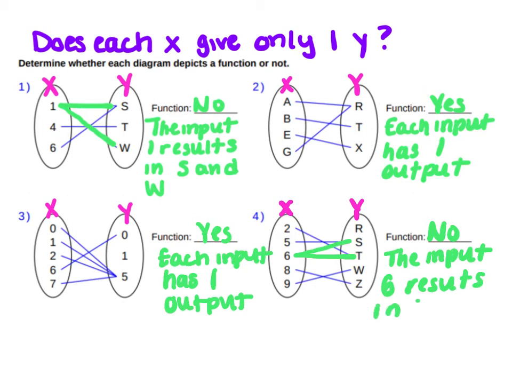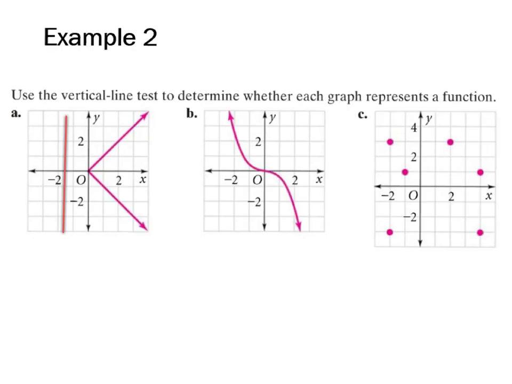In the next example, it says to use the vertical line test to determine whether each graph represents a function. As I pass my vertical line through this example, I could say that it first crosses twice right here.